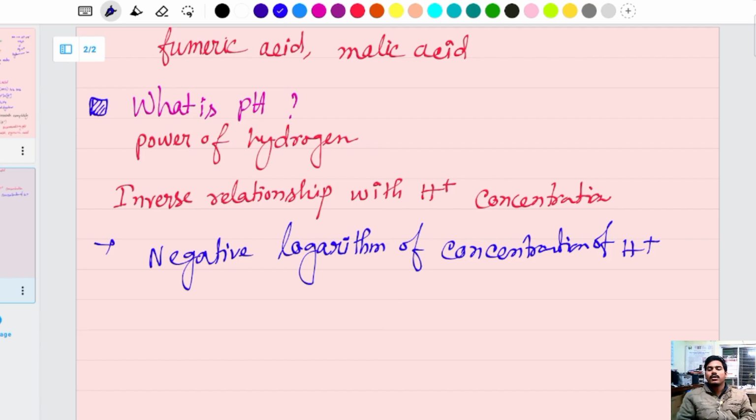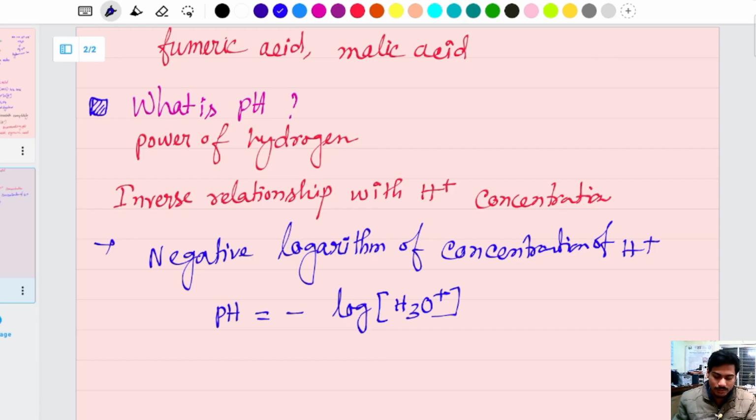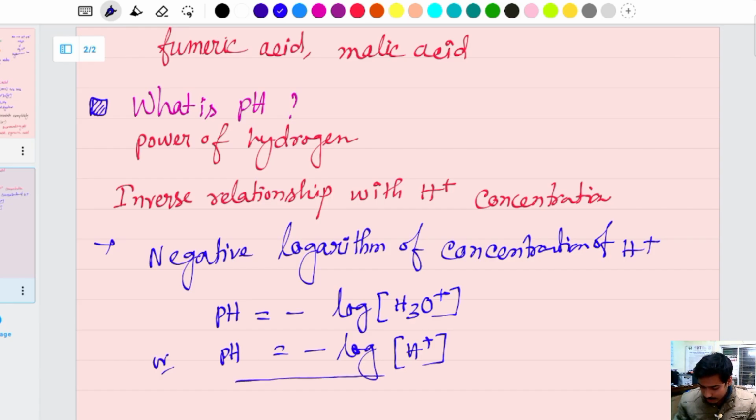So pH equals minus log of the concentration of H plus ion, or you may write the H3O plus ion. That is called the pH.